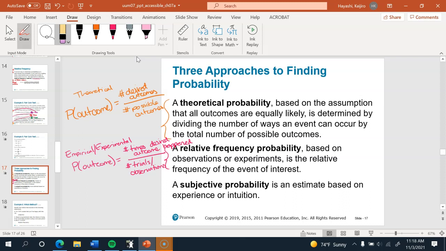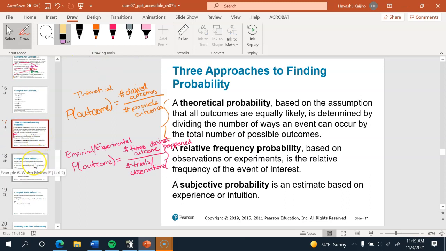Or, I never win money when I go horse racing, so if I go, there's a 0% chance that I'm gonna win any money. Just some sort of intuitive estimate like that.